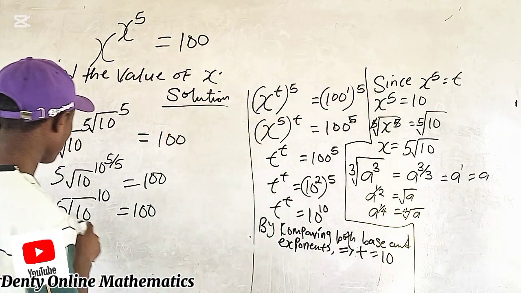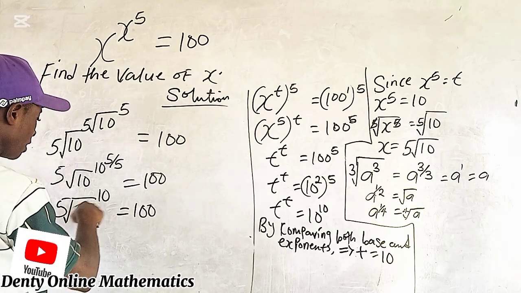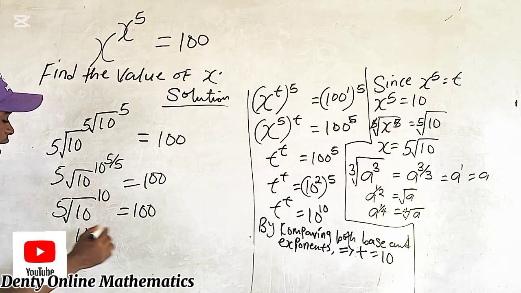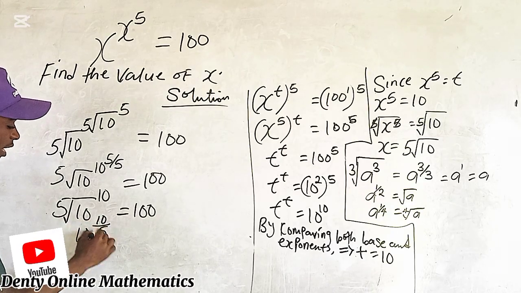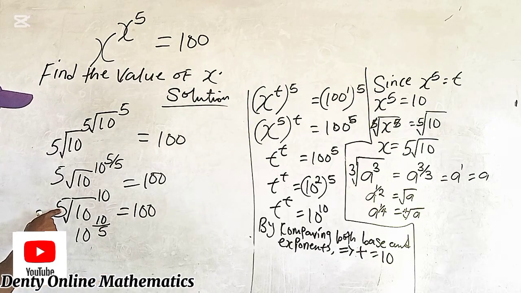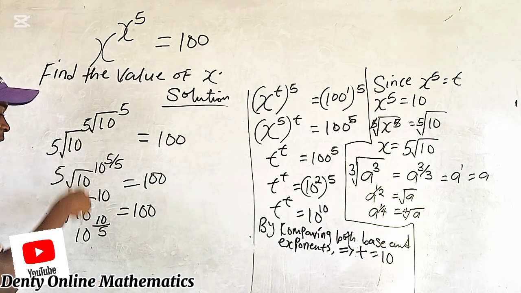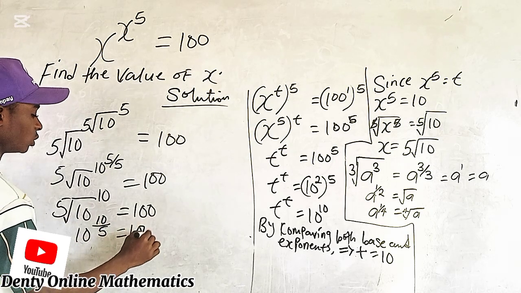So since we have the fifth root of 10, it's the same thing as saying 10 raised to the power of 1 over 5. So this 10 will multiply that 1 to give us 10 up there, equal to 100.